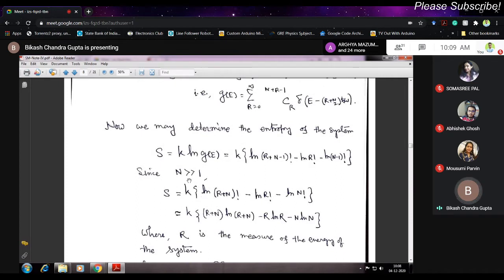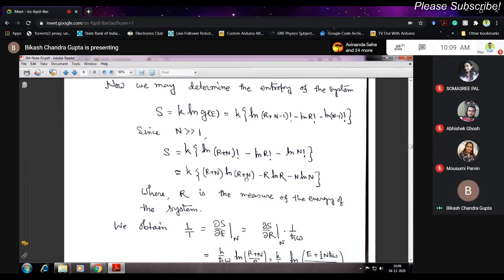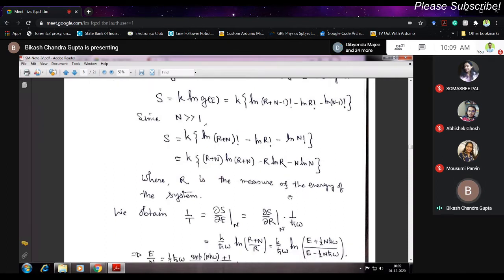And since n is very, very much greater than 1, with a large number of oscillators, you can neglect this one. So basically you are left with this, and then you can use the Stirling approximation, and therefore you will be left with this one and this one.